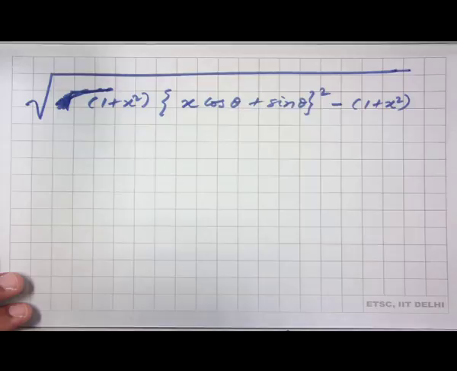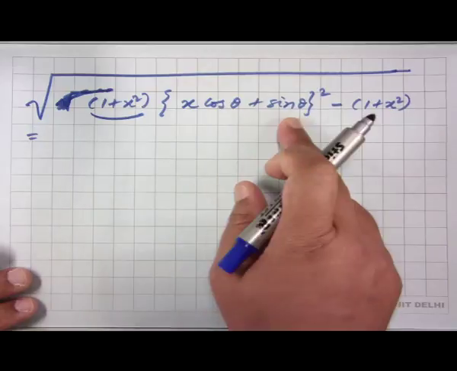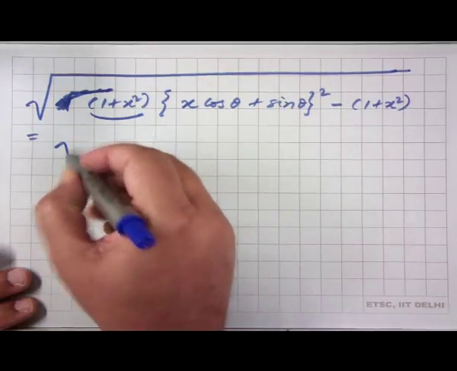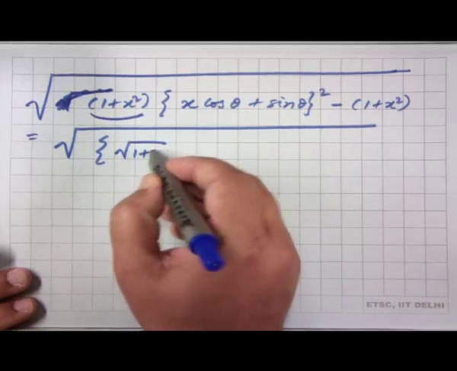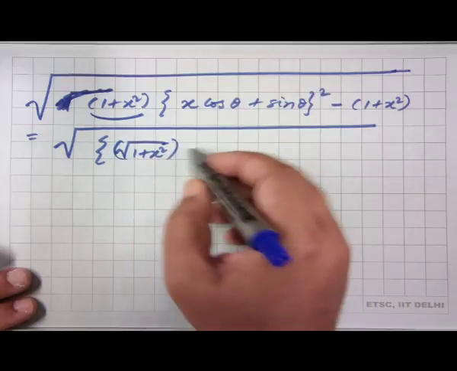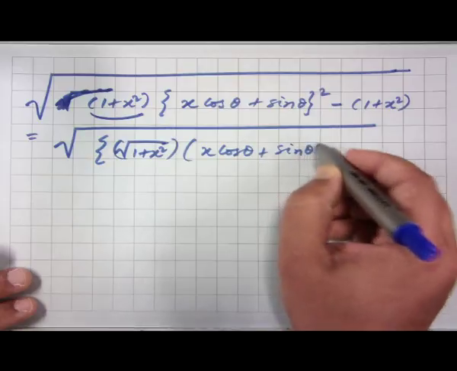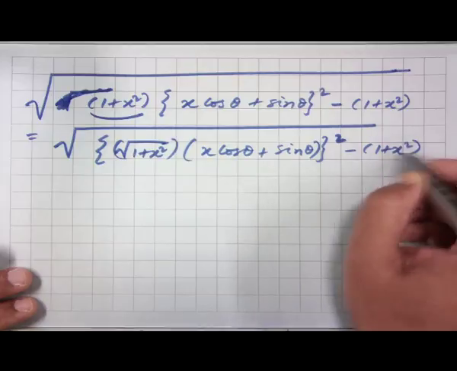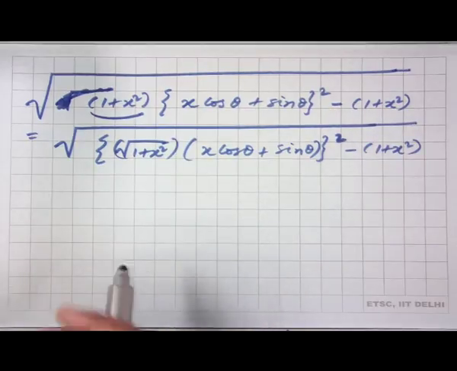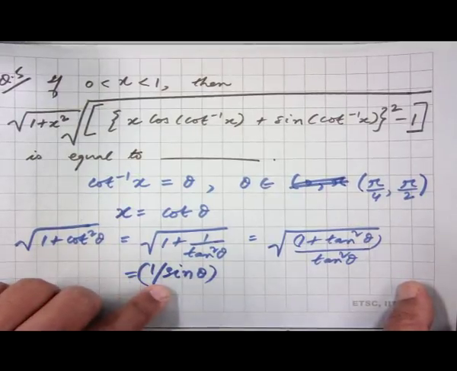So, this is what we get. Then we can try to move this 1 plus x square inside this expression. So, that will be square root of 1 plus x square times x cos theta plus sin theta whole square minus 1 plus x square. But we know that this square root of 1 plus x square is actually 1 over sin theta.